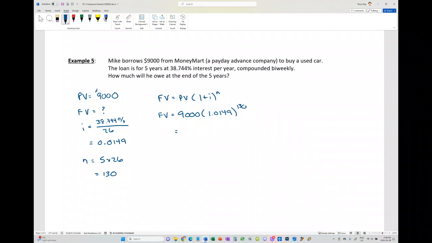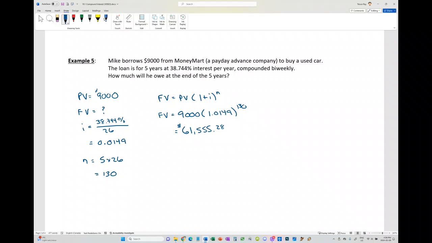When you plug that in, do 1.0149 to the exponent 130, multiply that by 9,000, and it works out to be, I believe, 61,555.28. A little over $61,500 in 5 years on a $9,000 purchase.